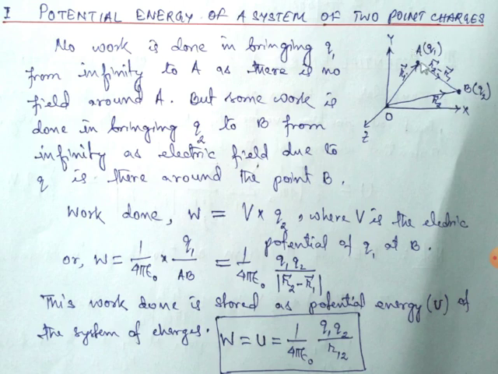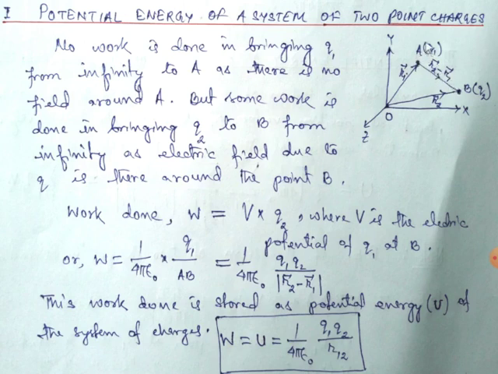Now these two, Q1 and Q2, are the 2-point charges. We have to take it that these 2-point charges were at infinity.